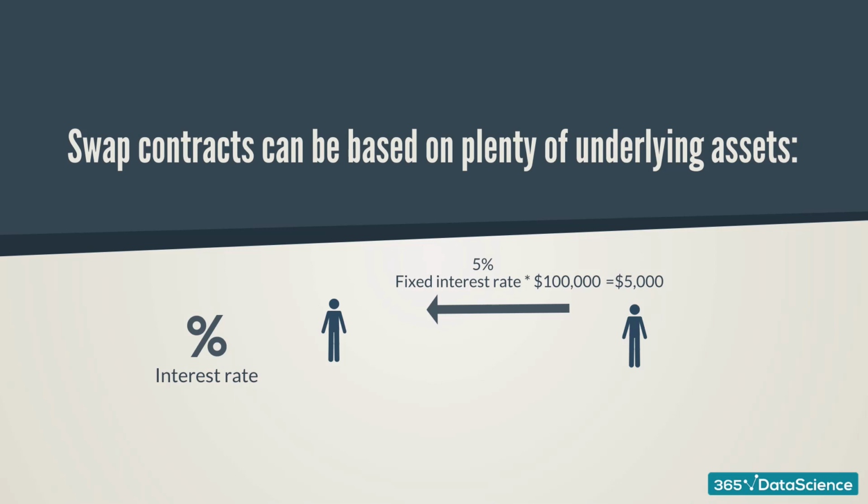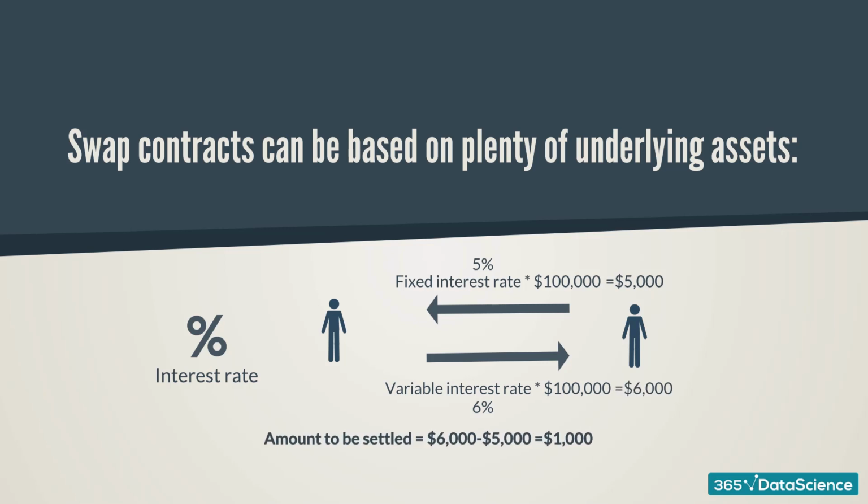This is the amount of money I owe the other party. Let's suppose the interest rate has fluctuated to 6%. 6% times $100,000 is equal to $6,000. So they'll owe me $6,000. In reality, the 2 parties settle only the difference between the 2 amounts and don't exchange the entire cash flow.